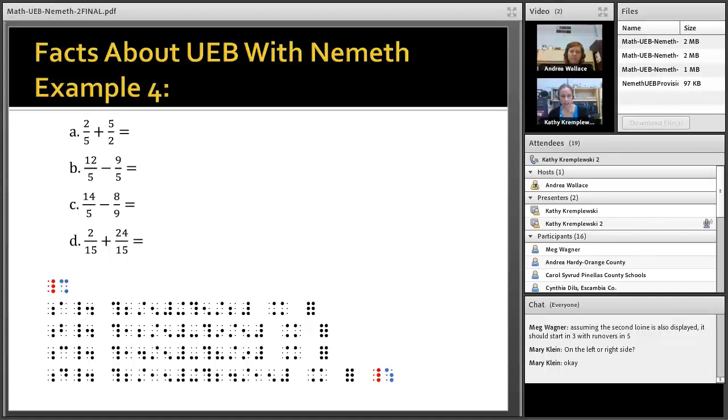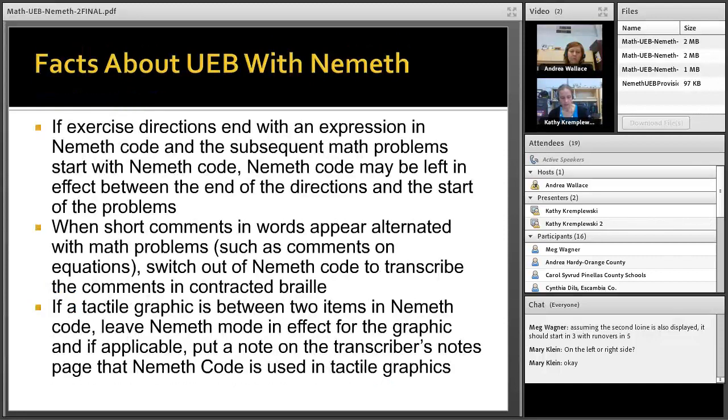And then you've got all your fractions, equals, and then you've got the omission symbols. And at the very end on that line with D, you've got the closing Nemeth indicator, or Nemeth terminator, I guess we should say. And this example is from the guidance for transcription using Nemeth and UEB context also.